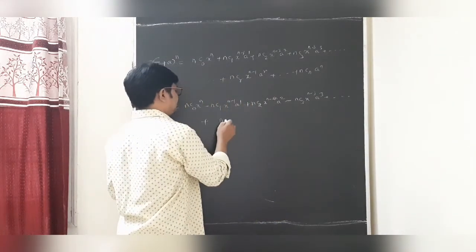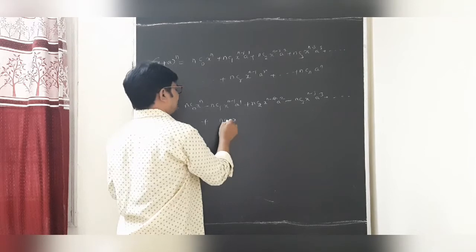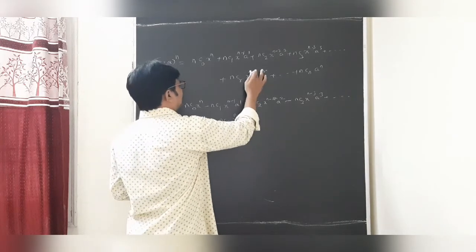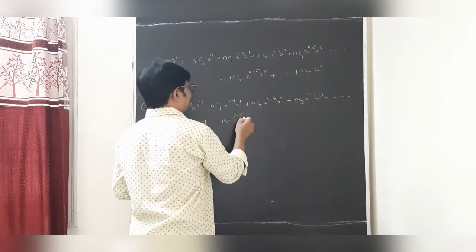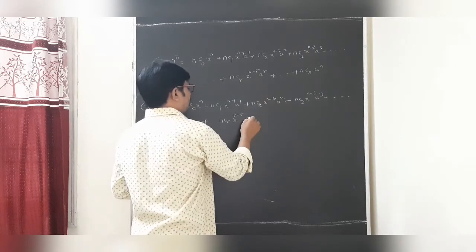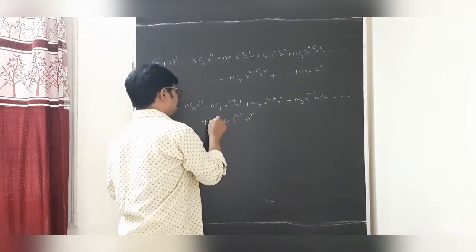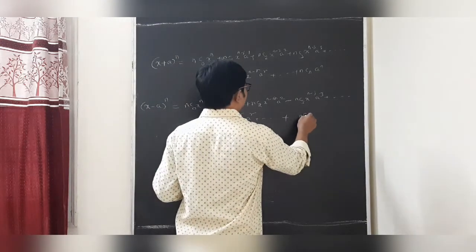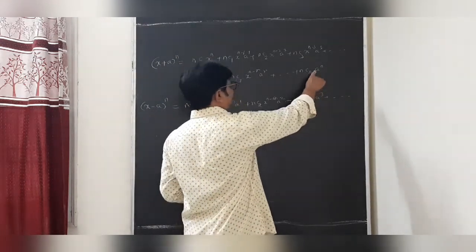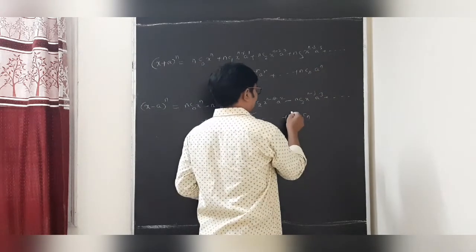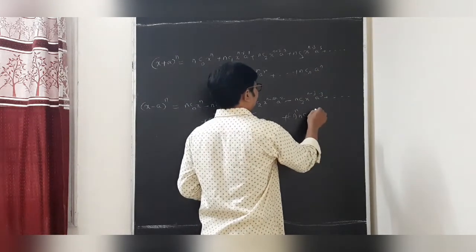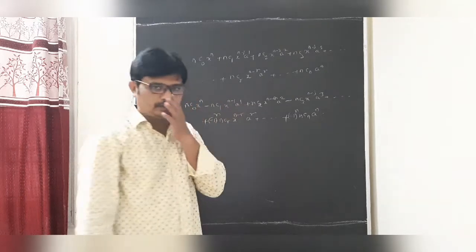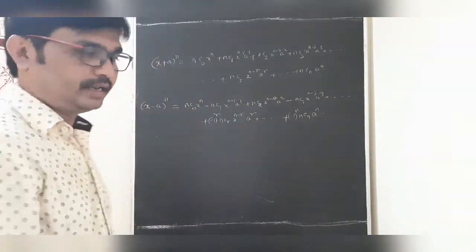How to write this: nCr x^(n-r) (minus a) whole power r, that is minus 1 power r. So, students, nCn (minus a) whole power n, that is minus 1 power n a^n. This is for (x minus a) whole power n.